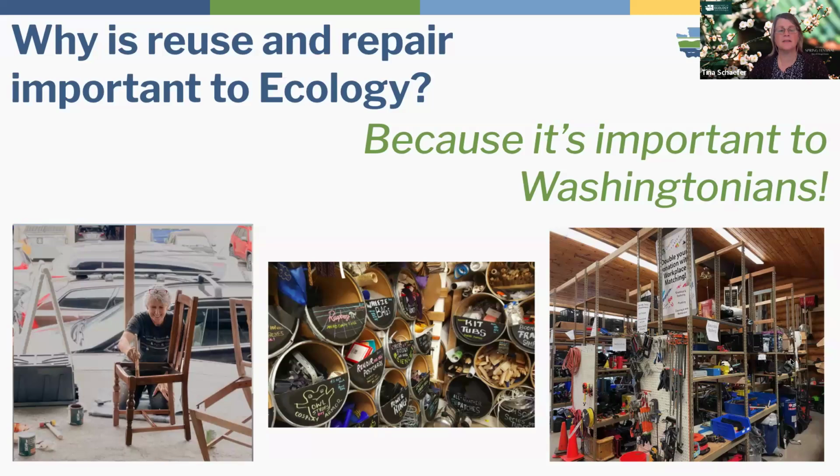But frankly, as the RMDC started working around end markets, we found there's plenty of folks already working on those issues around the very common typical materials that go into the recycling bin, the cardboard, the paper, the aluminum. What we needed to focus on was a shift to those difficult materials, the valuable materials that are already being tackled by our communities, things like textiles and tools and appliances through reuse and repair.